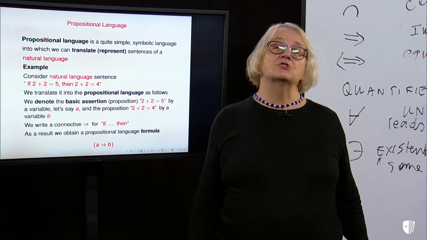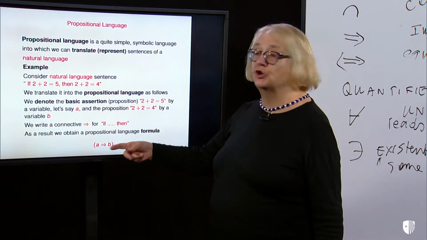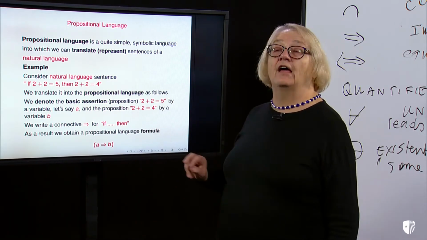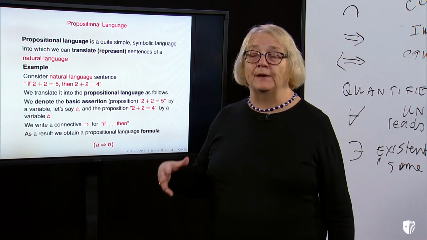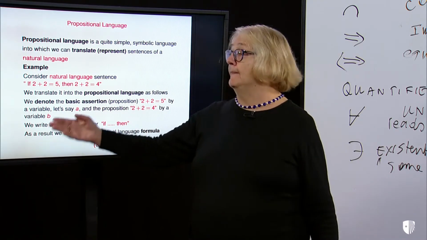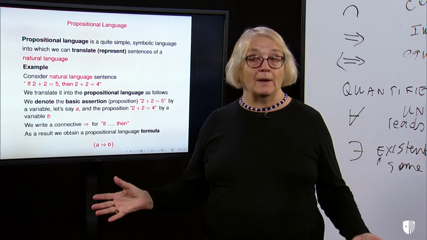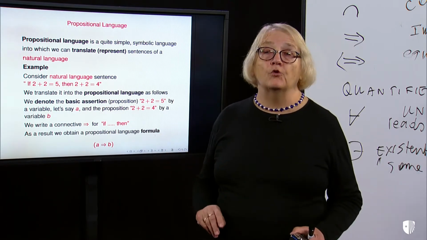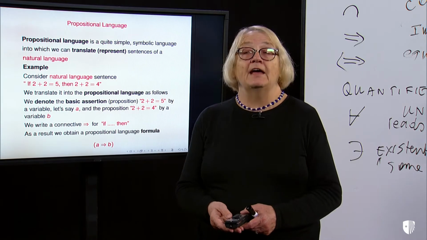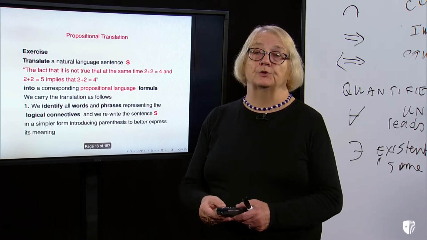So this is a natural language sentence, and here we have a propositional language statement, which is called a formula. So in our logic model, natural language sentences are represented by formulas of the formal language, in this case the propositional language.